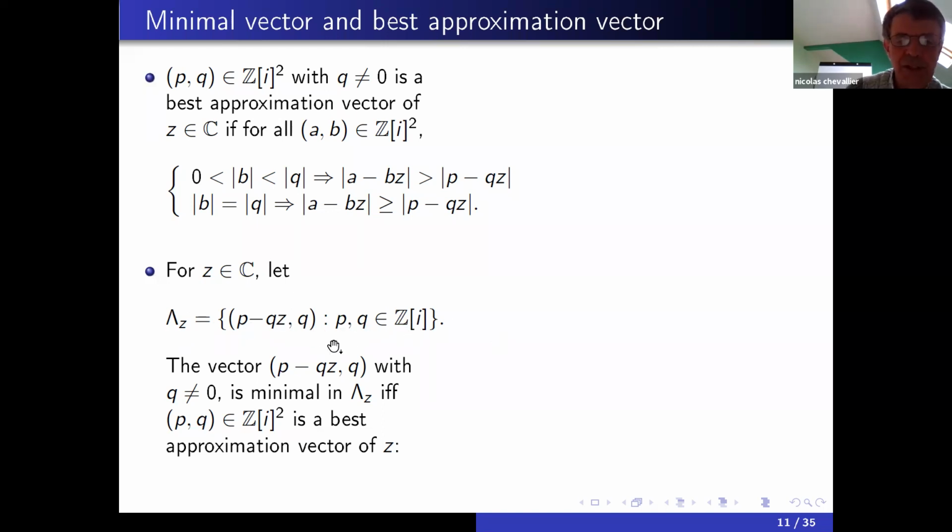This is a Gauss lattice here. And the vector P minus Qz, Q with Q not zero, is minimal in lambda z if and only if PQ is the best approximation vector of z. And this is very easy to see. Just a picture.